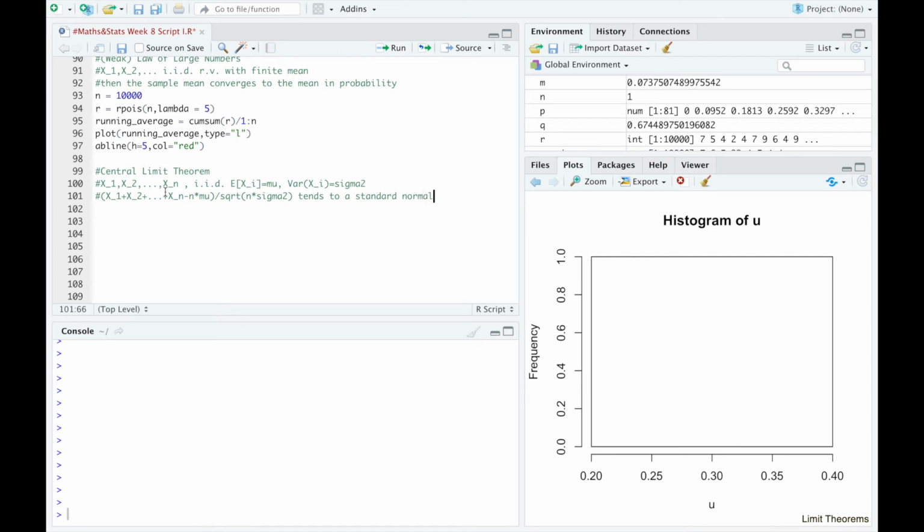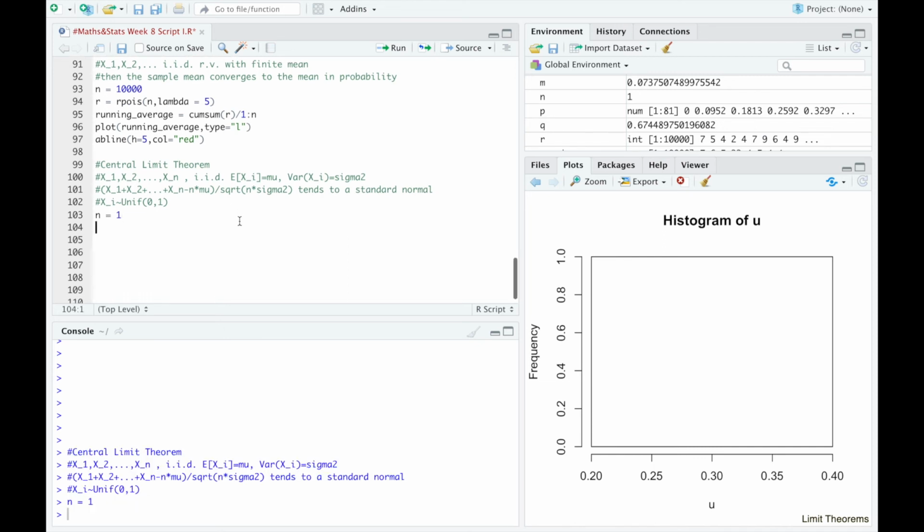So we will make an experiment to check if this is true for a sequence of standard uniform distributions. So we will have that Xi is from a uniform 0, 1. First of all, we will set n equal 1, but then of course it will be much higher.